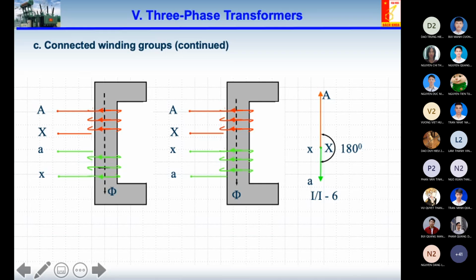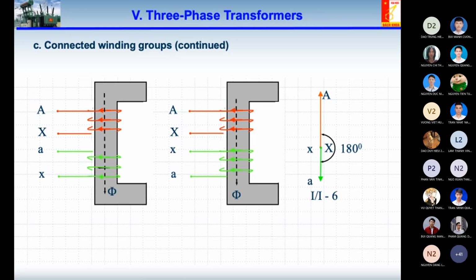It's the same, but I think it's simpler to take the number 6 multiplied by 30 degrees, and we get the final result: the phase angle between the electromagnetic force of the primary winding and the secondary winding. Of course, for the single-phase transformer, it is very easy.